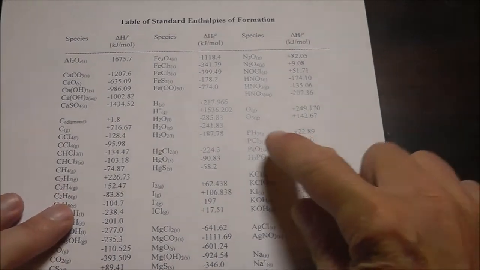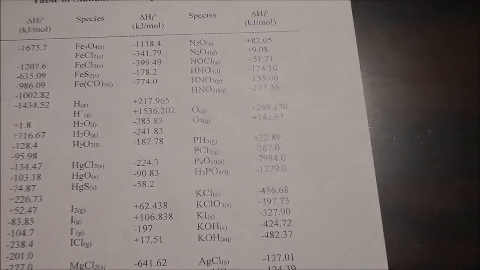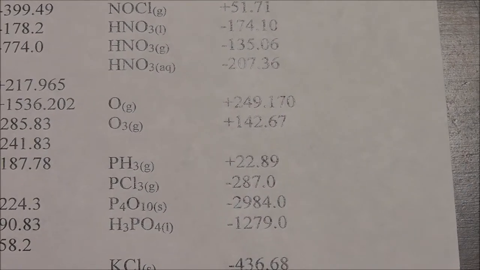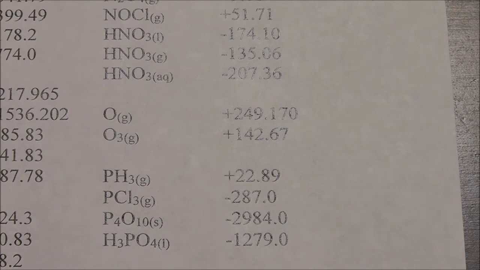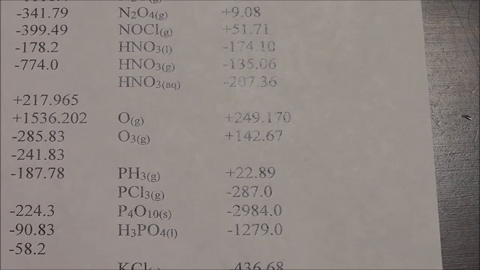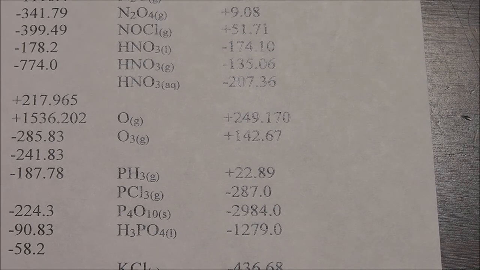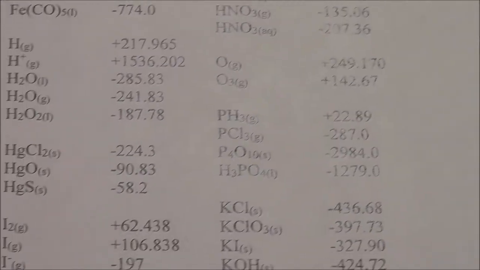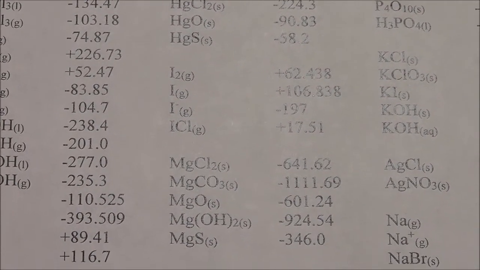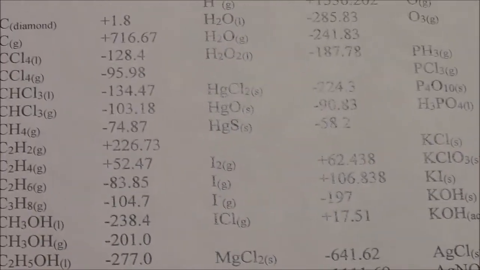So you'll notice here over where oxygen is, let's look at oxygen. You will notice that there are 2 values peeking at you. Oxygen, monoatomic oxygen, and then ozone, which is pretty positive. And so let's go peek around here. Carbon.